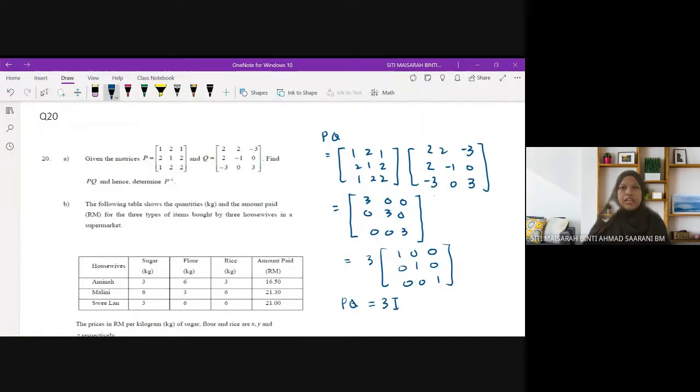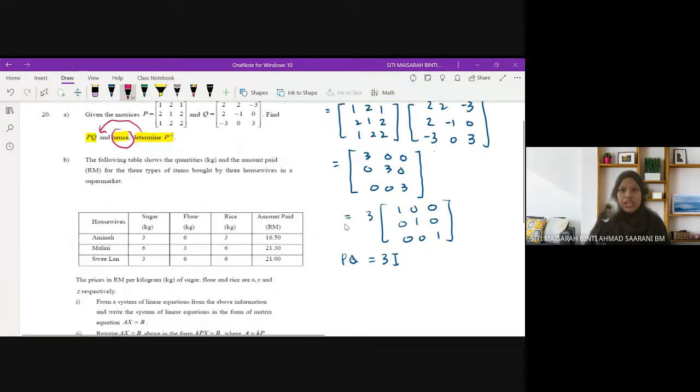Okay, then after that it asks you to hence deduce P inverse. First we have found PQ, and got 3I here, which is 3 times the identity matrix. We want to determine P inverse, but there is the word hence, meaning we must use PQ.